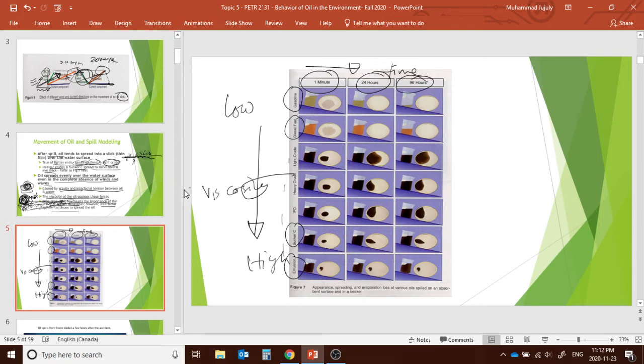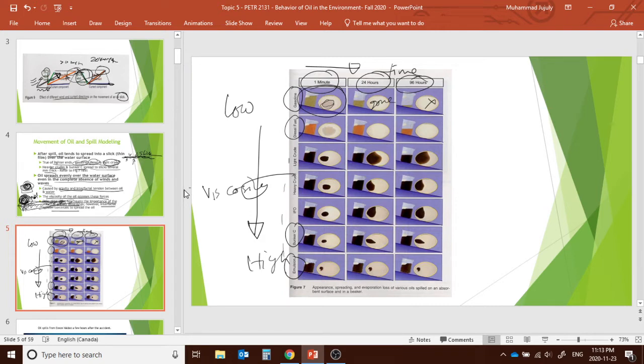What we see in here, you can see for the gasoline, right after spillage, after 1 minute, it's spread around in this area. After 24 hours, it's gone, and definitely at 96 hours you won't find a single droplet or any presence.